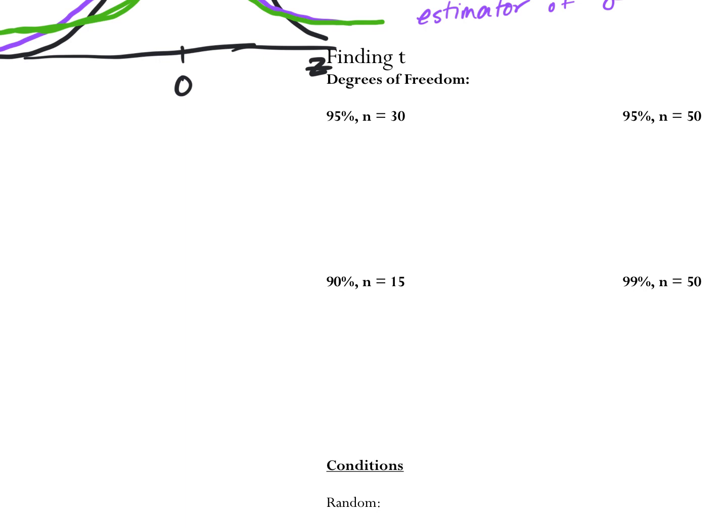They're all mound-shaped. They're all centered at 0. And we don't describe them with their standard deviation. Instead, we describe them with degrees of freedom. The way you calculate the degrees of freedom for any given sample is you take the sample size minus 1. There is a reason behind that. I promise you, you don't want me to explain it to you.